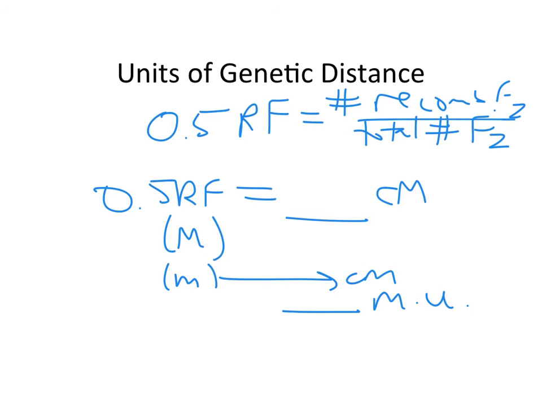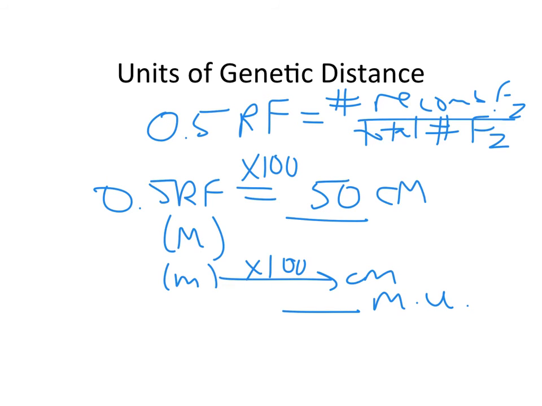If I have something that's half a meter, 0.5 meters, how many centimeters is that? So how did you do that calculation? Multiply by 100. So number of meters multiplied by 100 is number of centimeters. Same thing's true for recombination fraction to centimorgans. You multiply recombination fraction, which also goes by the name of morgans, by 100, and you get centimorgans.